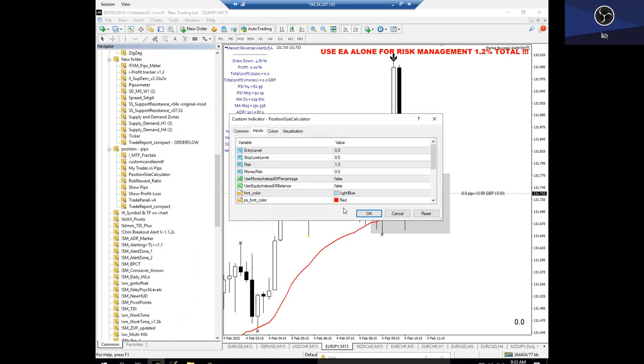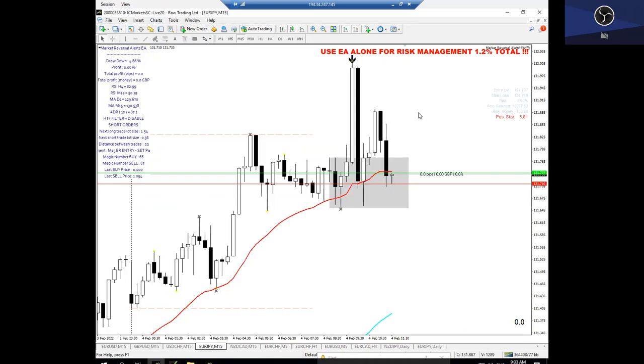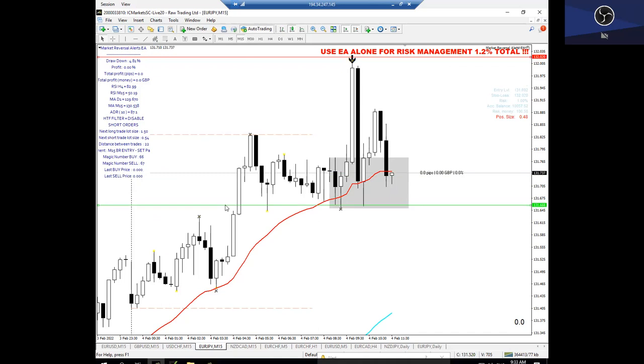Now, if we are going to calculate that, let's use a position size calculator. So our stop loss will be here, and let's say our entry is here, right? If you're risking 1%, your first entry will be 0.41. Now, I do not want to trade 1% because I trade more or less an averaging method.